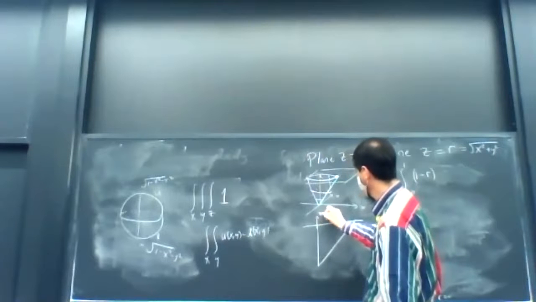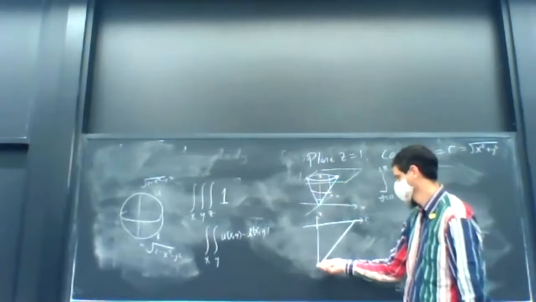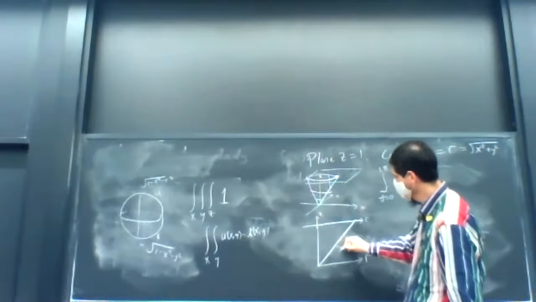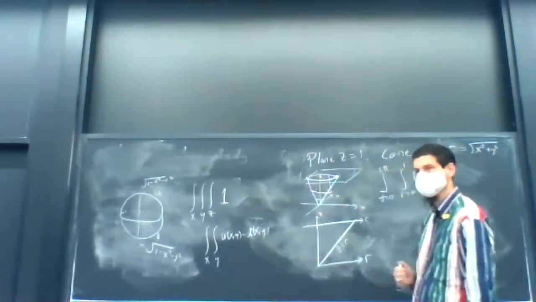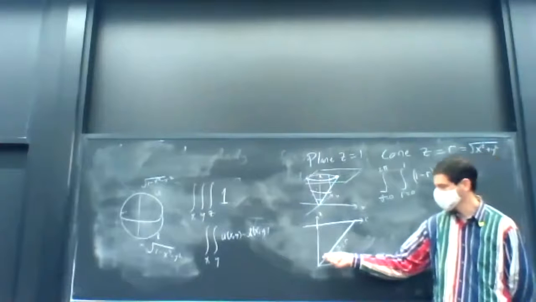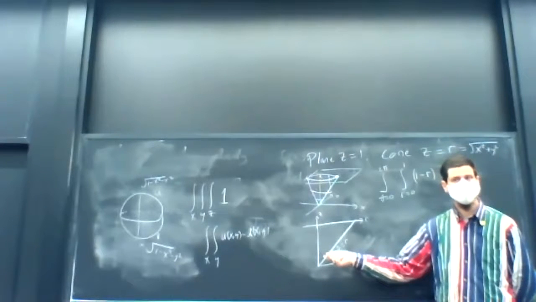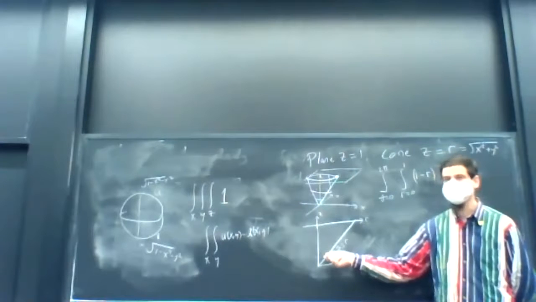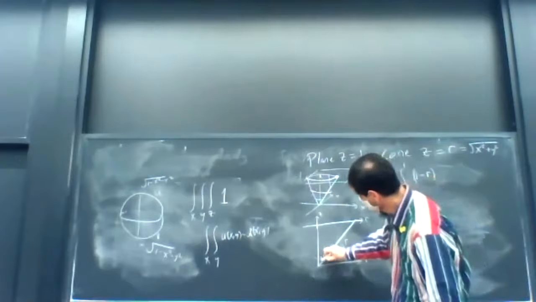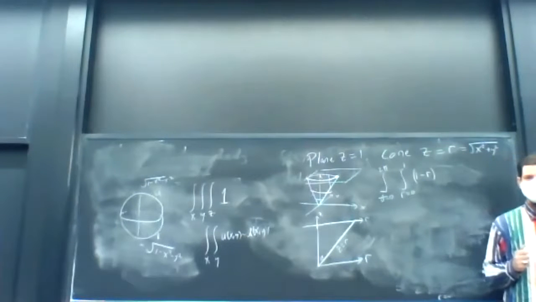So here's the z-axis. Here's the r-axis. And here's the line z equals r. So what angle is this going to be if this is the line z equals r? This would be what angle? 45 degrees. If we're doing any integration or differentiation, we should be talking in radians.